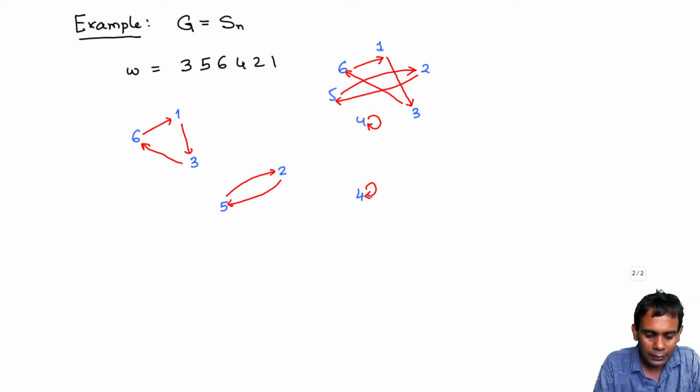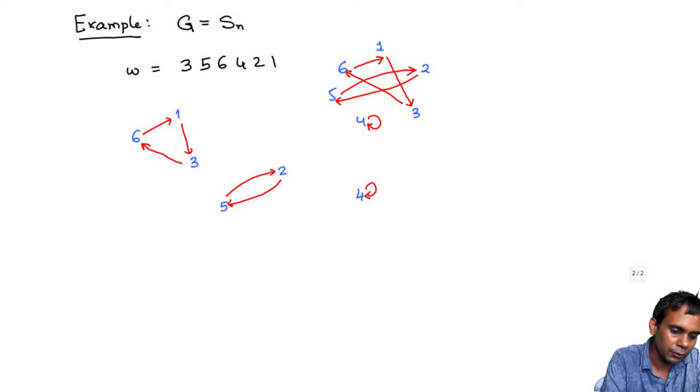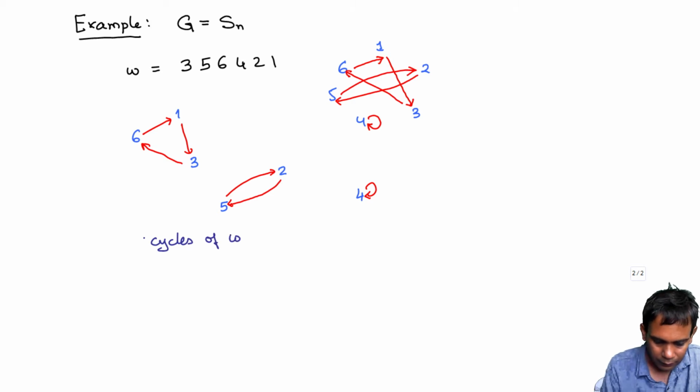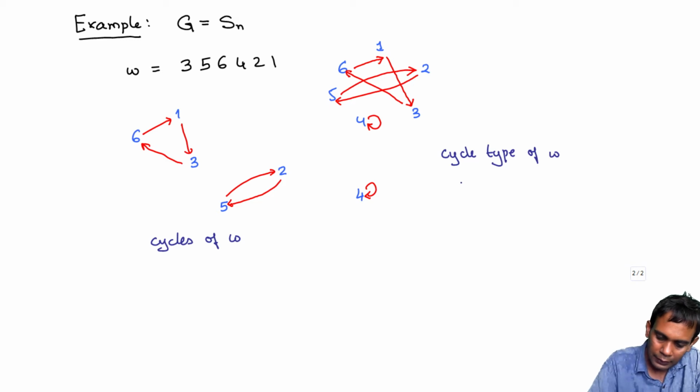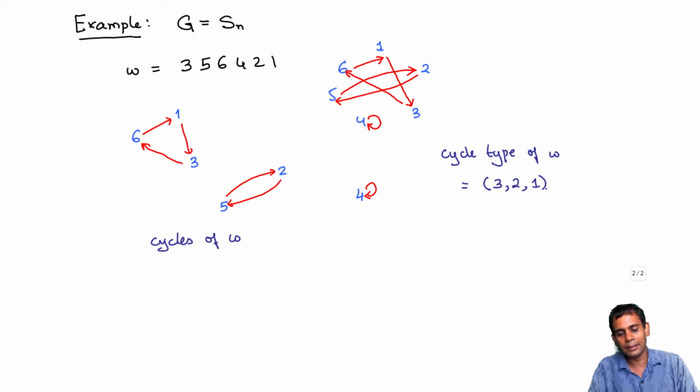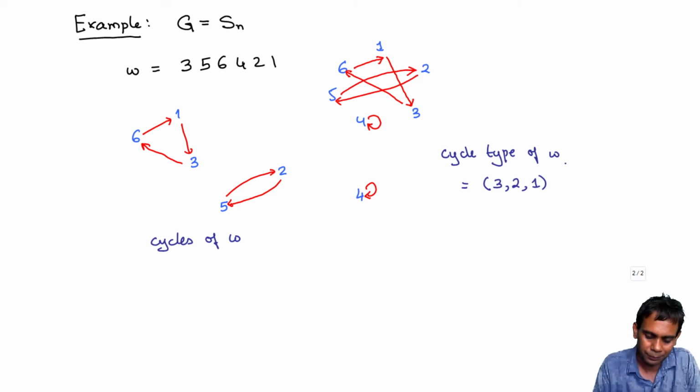These are called the cycles of W. The cycle type of W is the lengths of the cycles of W written in weakly decreasing order. In this case there are 3 cycles, their sizes are 1, 2 and 3, and we write that in decreasing order, we get 3, 2, 1. So this is the cycle type of W.